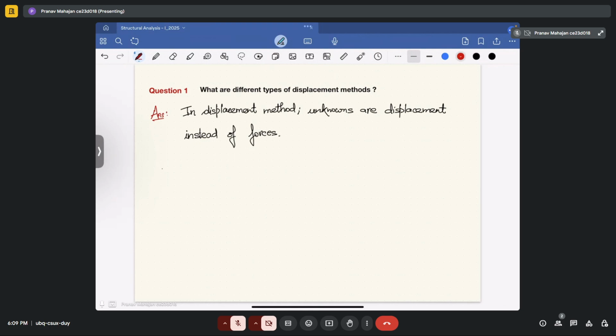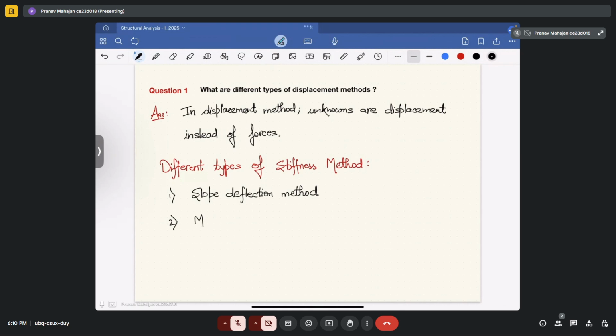The different types of stiffness methods include the following. Your first one is the slope deflection method. Your second method is the moment distribution method.